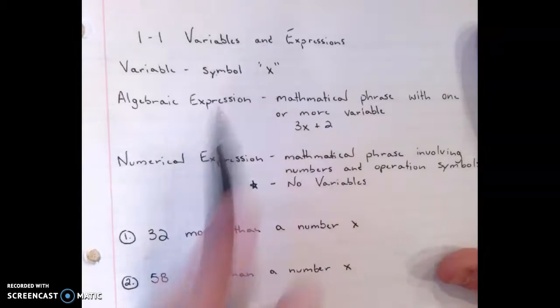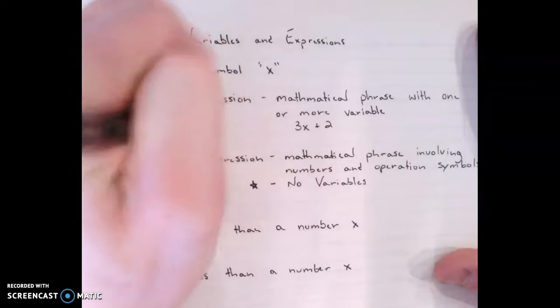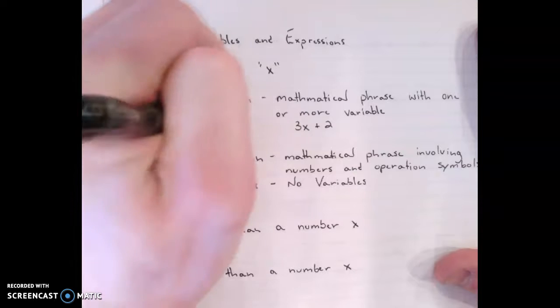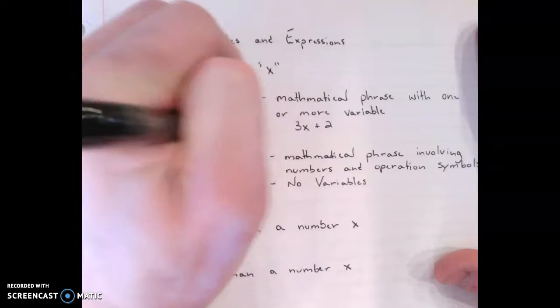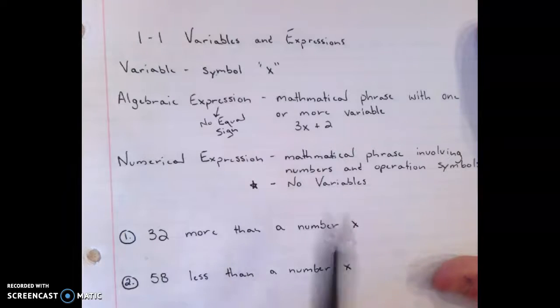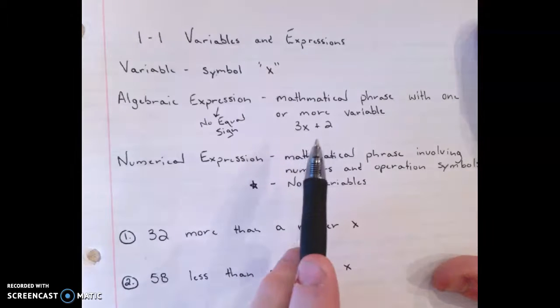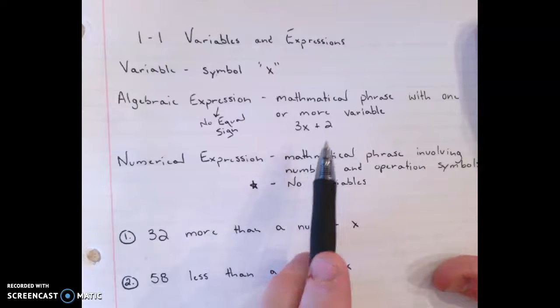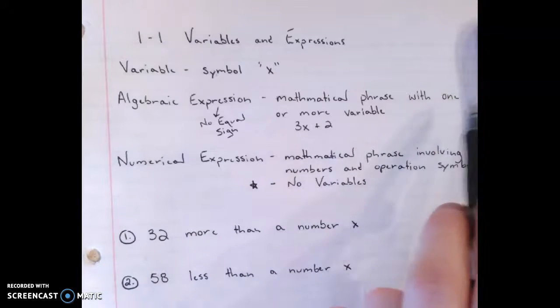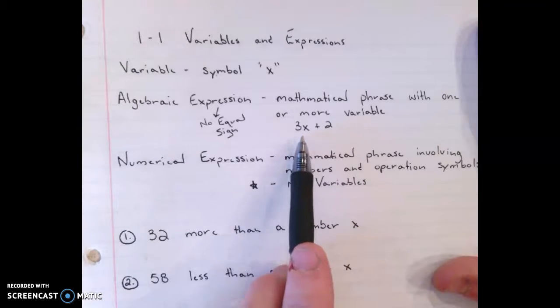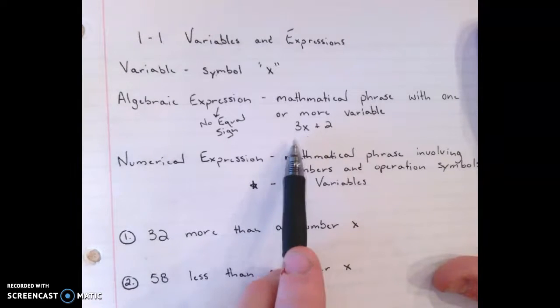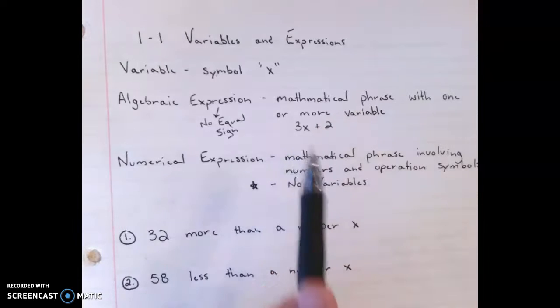It's an expression, and if you need help remembering that, an expression has no equal sign. I don't have any equal sign in this 3x + 2. It has a variable, which happens to be x, and the x is being multiplied by the 3.